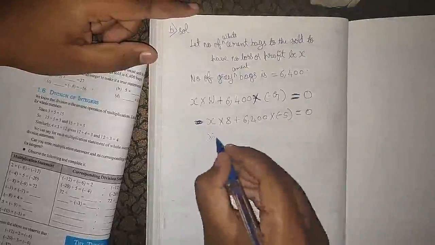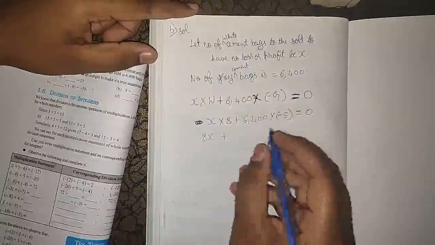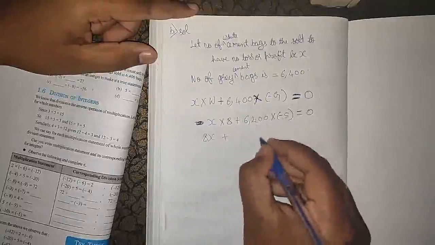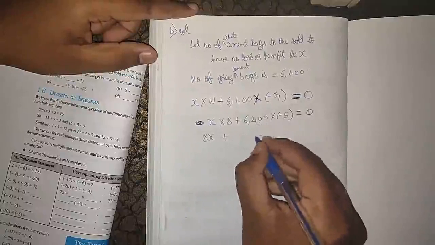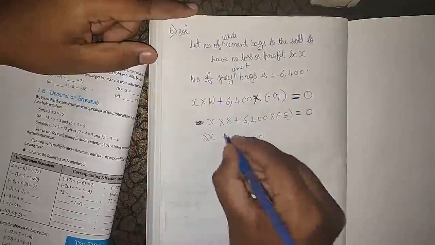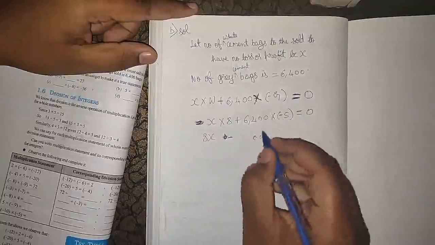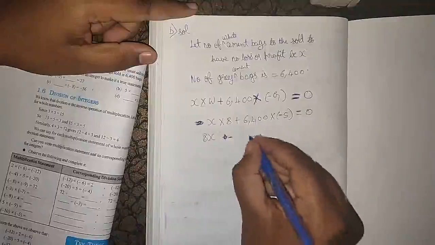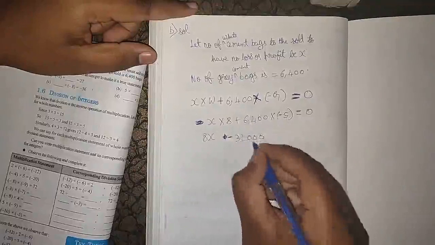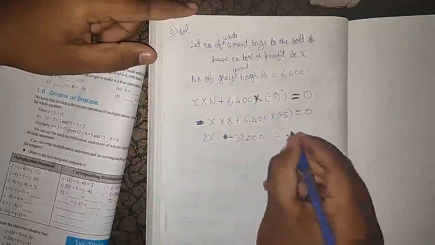So 8x plus, multiplying, minus 5 into 6400 is minus 32,000.